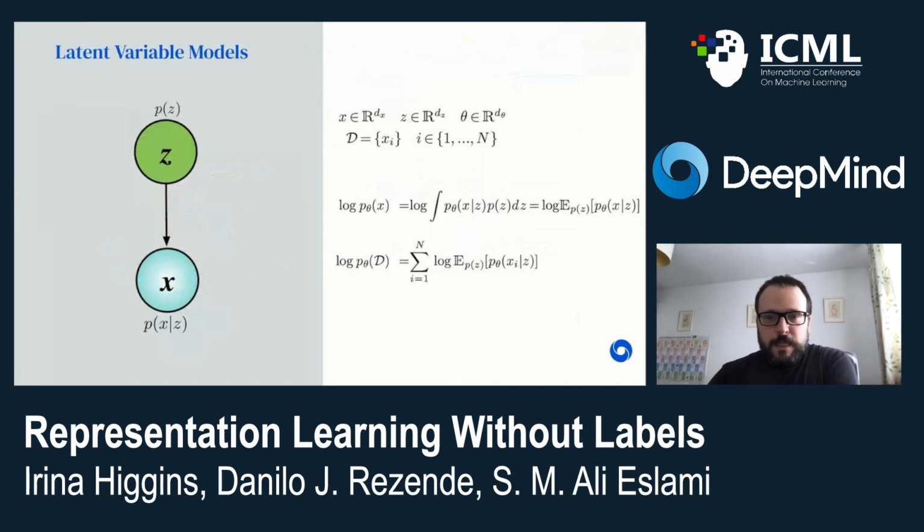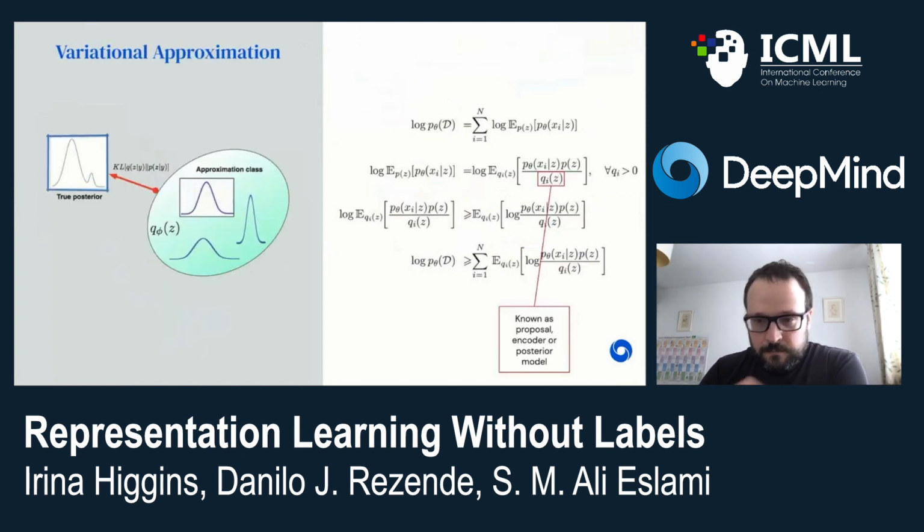So now, expanding a bit the math of this graph, we want to compute its likelihood, but because there are latent variables, we have to marginalize them out, and for any interesting kind of model, we cannot do this integral exactly.